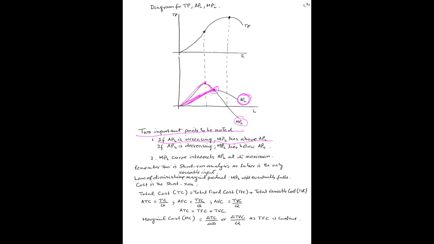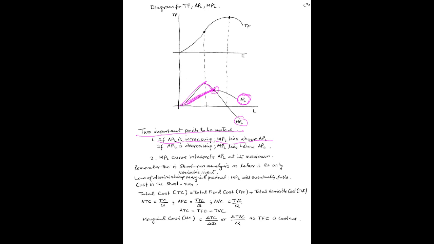Remember this. And also I already told you that this is a shortened analysis as labor is the only variable input. Now we explain law of diminishing marginal product, like law of diminishing marginal utility in chapter 5. Law of diminishing marginal product means that if you keep hiring workers on the fixed factors of production, capital and other factors of production, then a point is reached, right?